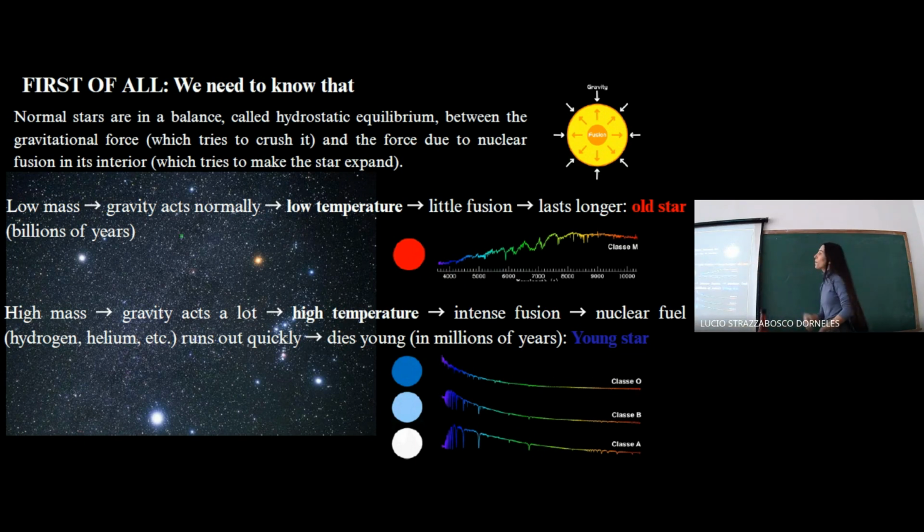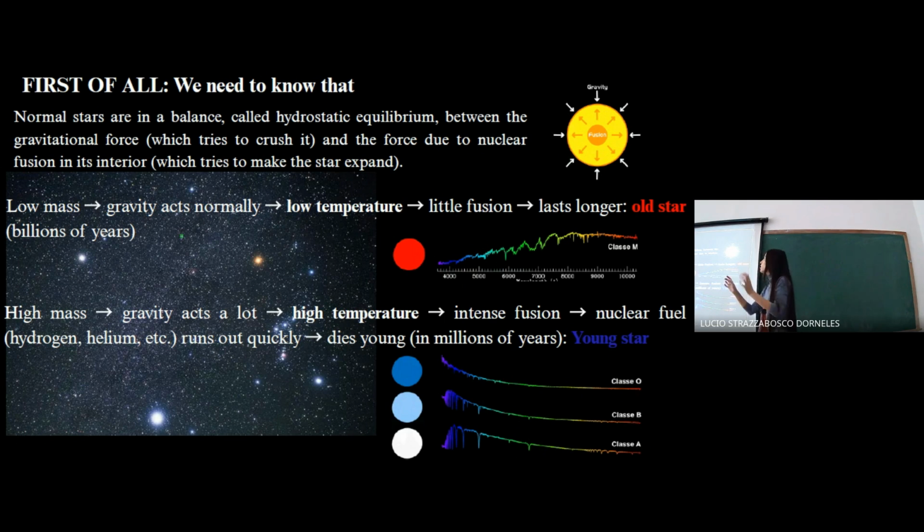And on the other hand, if we have high mass stars, we're gonna have gravity acting a lot. So we're gonna have high temperature and intense fusion.